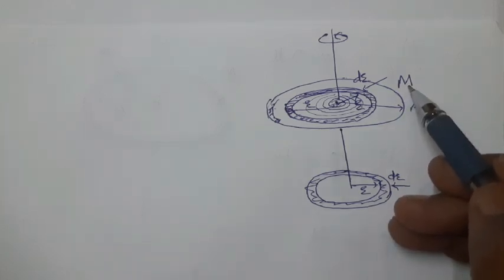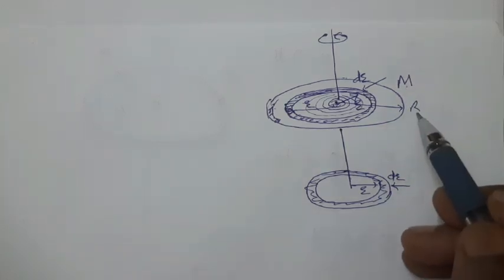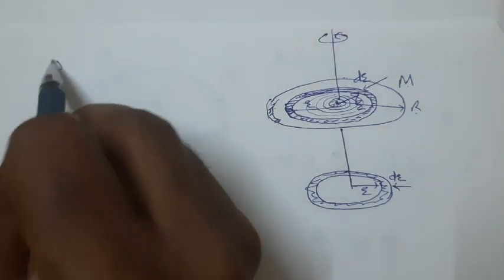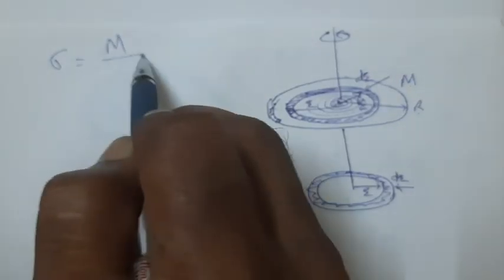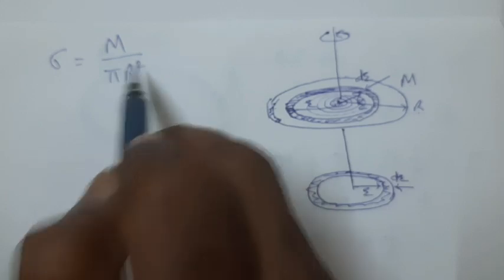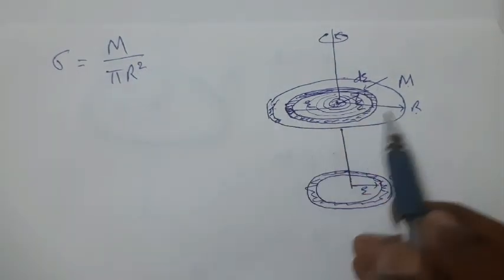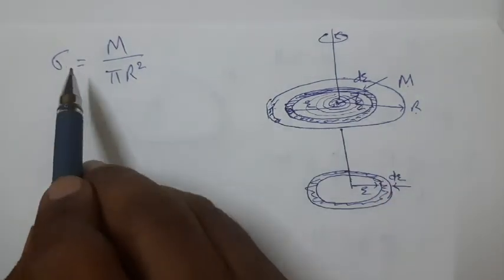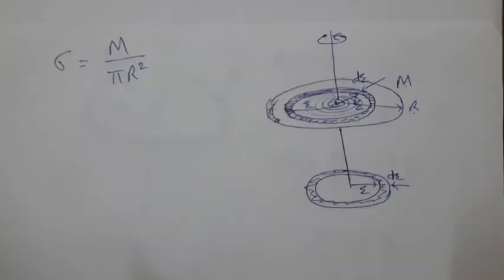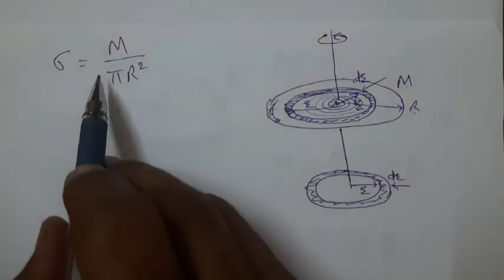But by knowing the total mass of the disk M and the radius of that disk R, I can propose a term sigma which is mass per unit area. Correct? Pi R square is the area of this disk, and therefore sigma is the term which is mass per unit area.